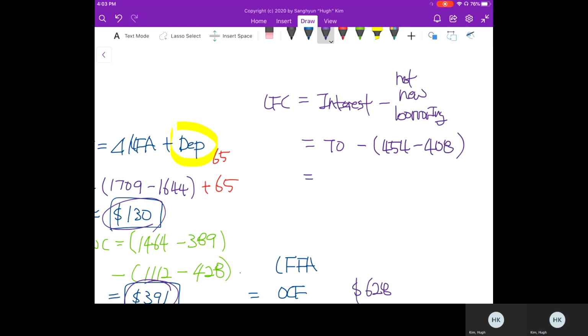So cash flow to creditors is, I believe, $24 million.